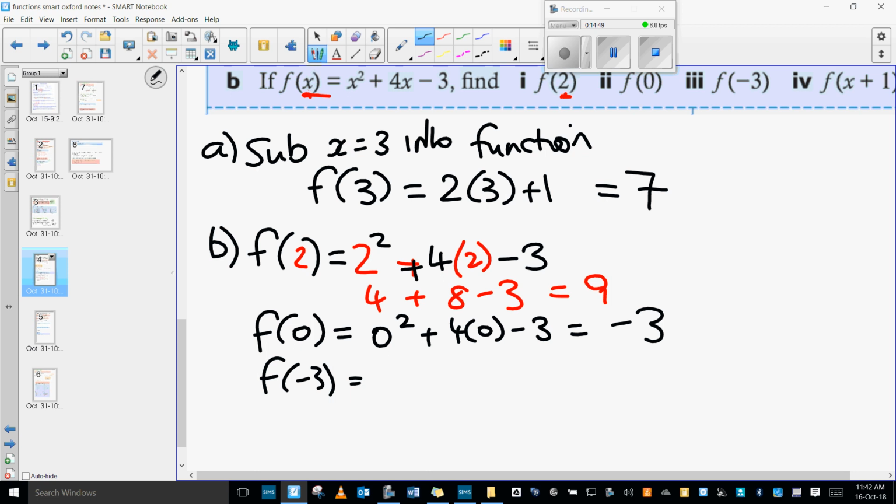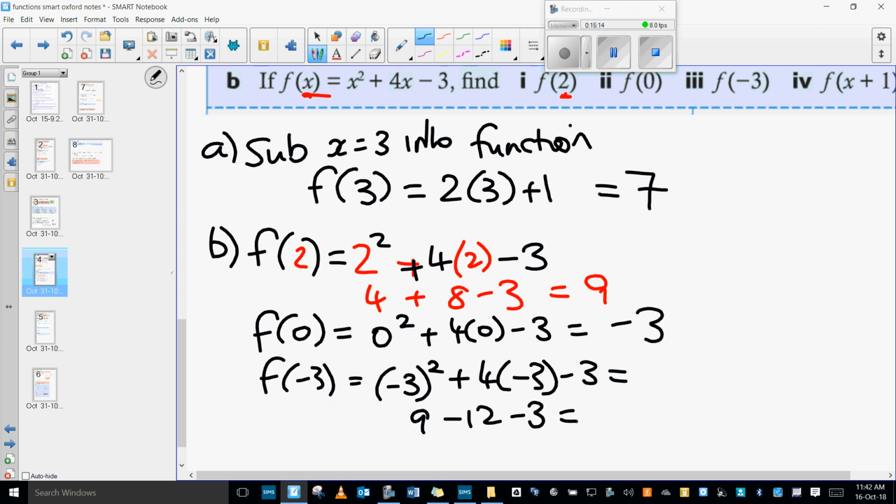So you need to be using brackets, or make sure you're at least thinking brackets. If you put just negative 3 squared into a calculator, it will tell you it's negative 9, unless you put it in brackets. And then plus 4 lots of negative 3. So that's 9 minus 12 minus 3, that's negative 6.